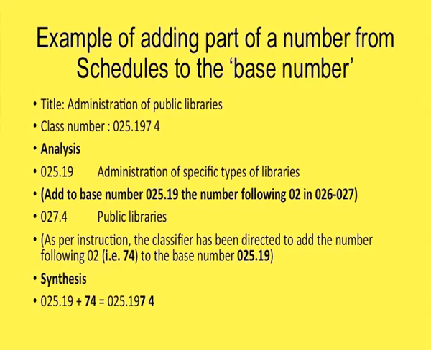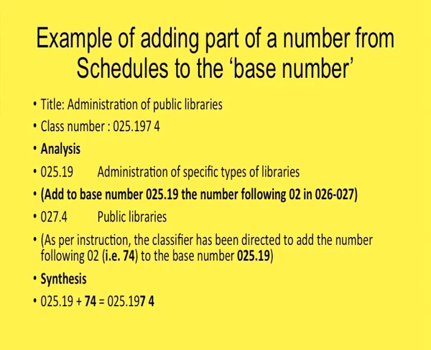in 026-027. So, under this sequence 026, 027, we find the number for public libraries is 027.4. And as per the instruction given above, the classifier has been directed to add the number following 02, that is 74 only, to the base number.